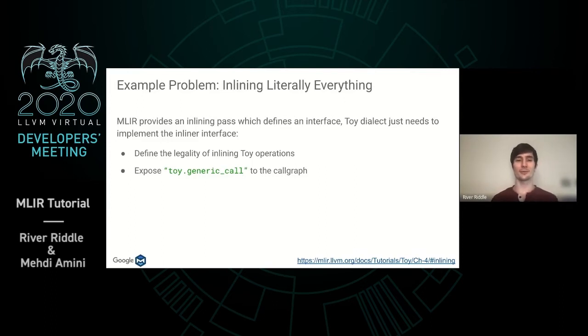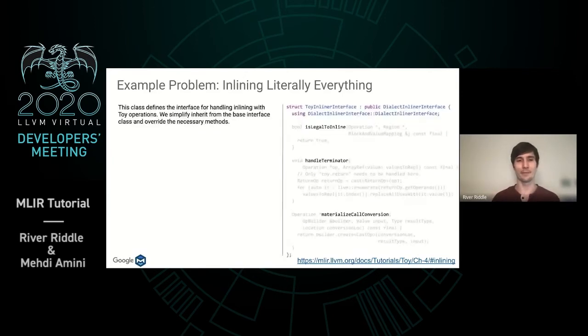So for the context of Toy, we'll need to provide things like legality, a cost model, a few key transformations here and there, and we'll need to expose our call to the call graph. We don't need to worry about the callable because we're using the built-in function operation, which already is exposed to the call graph for us. So here is an example of how the inliner exposes the properties it needs to a specific dialect.